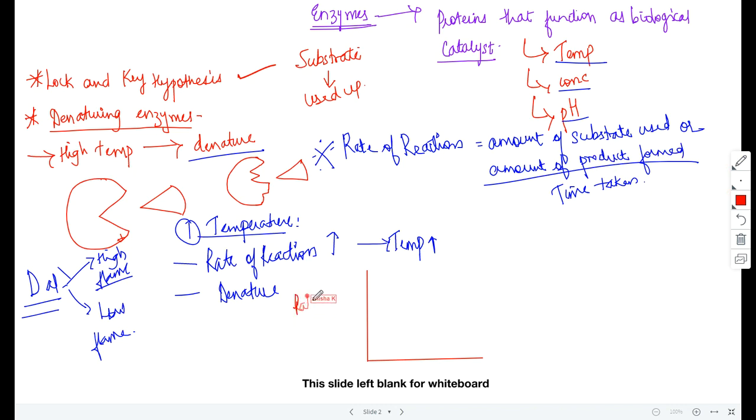So here will be the rate of enzyme, here will be the temperature, and if I need to plot a graph for this.